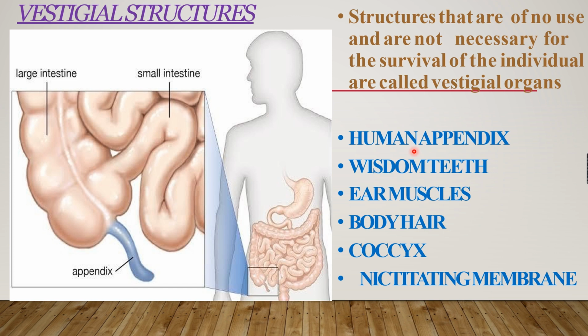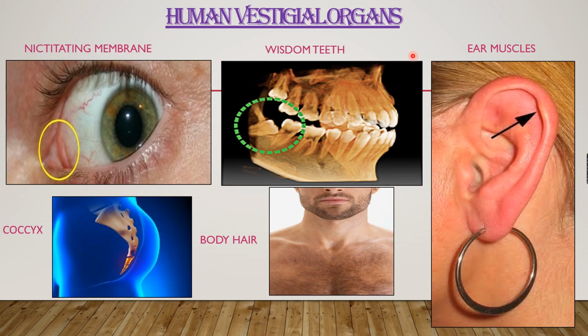Now, other vestigial organs in human beings, I'll explain to you. Nictitating membrane. You can see this region, the nictitating membrane. In aquatic animals, the eye is protected by the nictitating membrane and it is not needed for us. We are terrestrial, we are living on land.